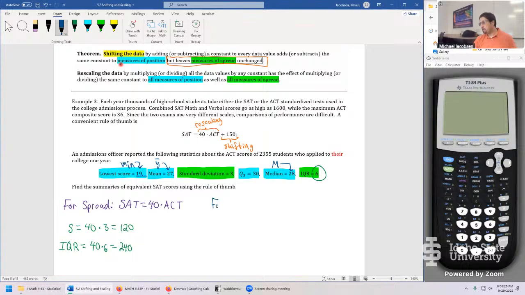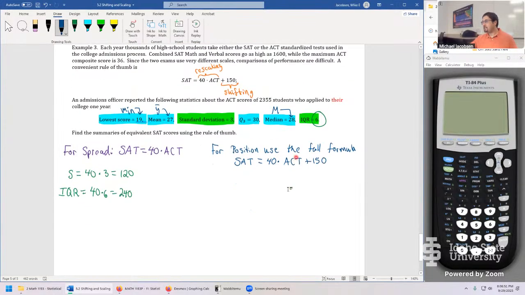So for position, use the full formula, that SAT equals 40 times ACT plus 150. Pretty much we're through the tricky part of the problem. It's just a lot of calculator computations.